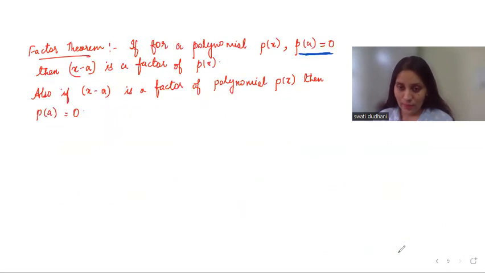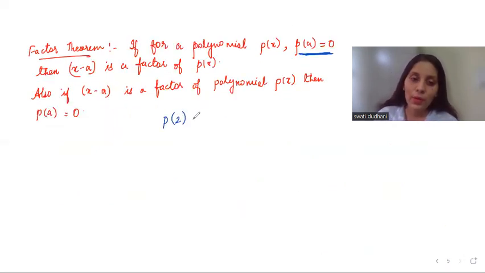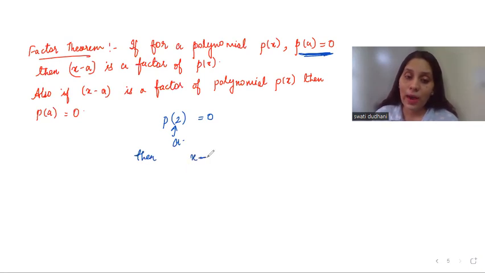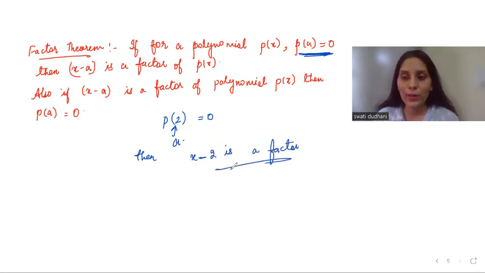So let's say I got p of 2 equal to 0. This is the value of a, isn't it? p of a equal to 0, then x minus a, that is x minus 2, is a factor of the polynomial.